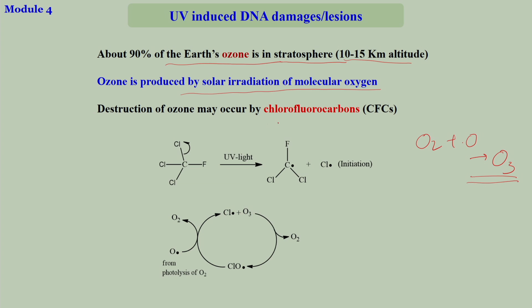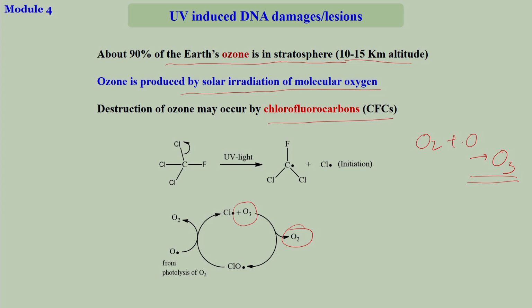Now, due to these chlorofluorocarbons, this is the cycle that is given, the chemical reactions that go on. The chlorofluorocarbons undergo radical production, and those radicals cleave the ozone back into molecular oxygen. So, ultimately what you get is the destruction of the ozone.